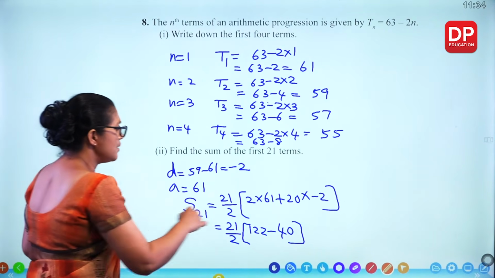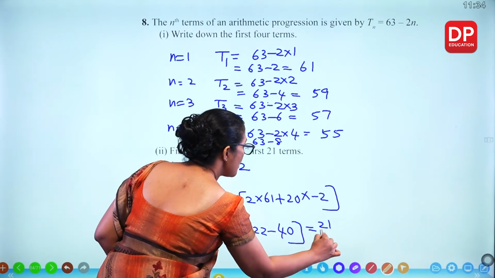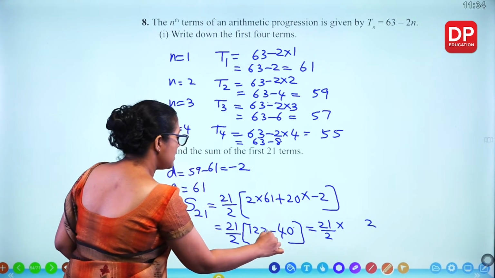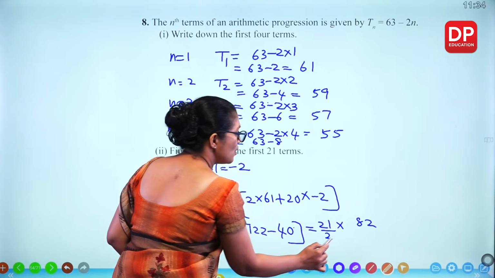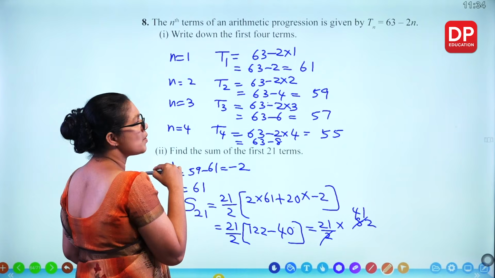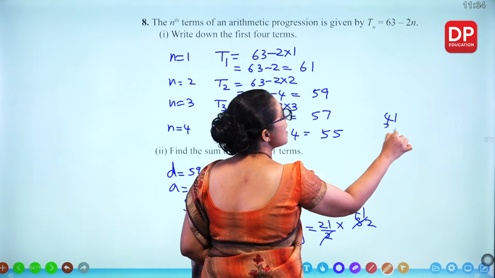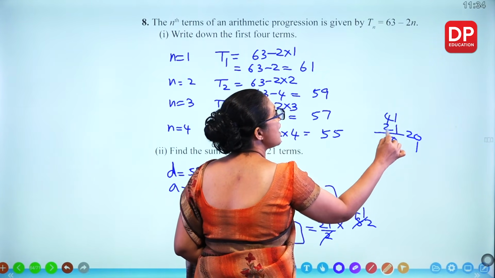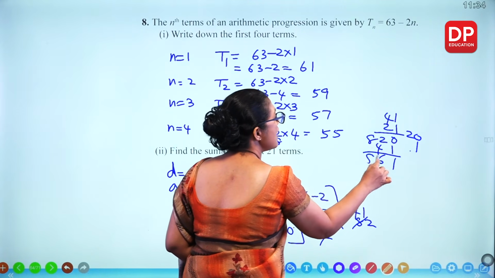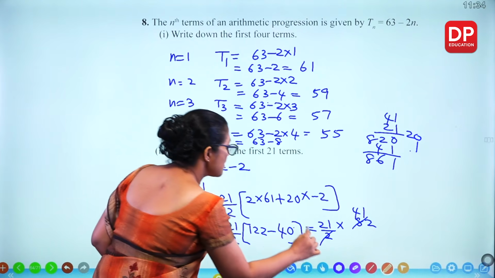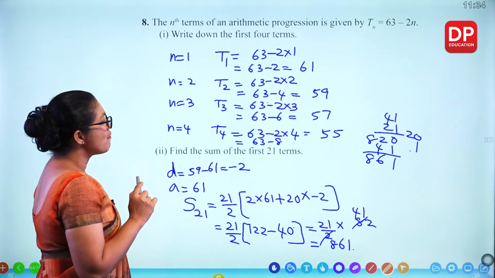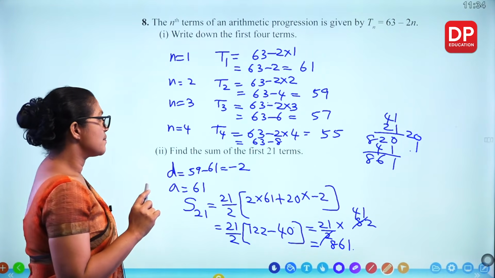You get 21 over 2 times 82. Divide 2 times 41, 1. 41 times 21, multiply and get the answer. So you get 861 is the sum of first 21 terms.